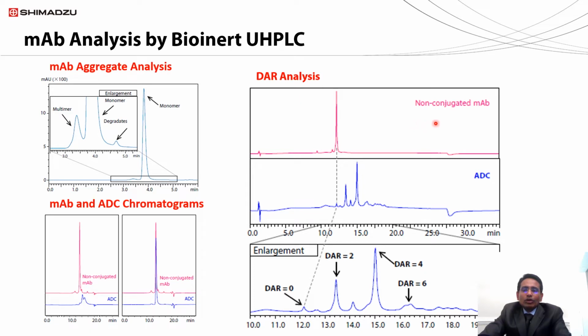Here you will see the non-conjugated mAb, and the lower panel is ADC. For that you can see that all the DARs, like DAR 0, DAR 2, DAR 4, DAR 6, are nicely separated and identified. That means the Bioinert UHPLC is a very powerful tool to do the drug to antibody ratio as well as the conventional mAb analysis.